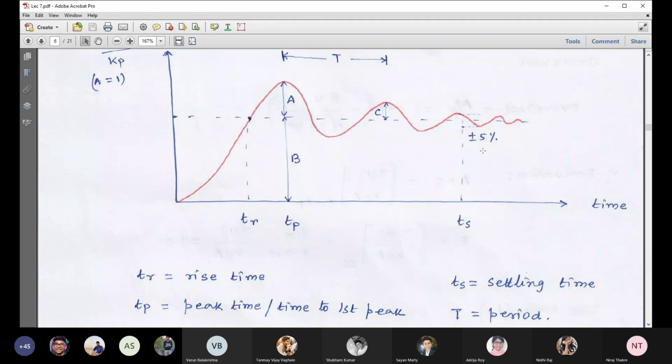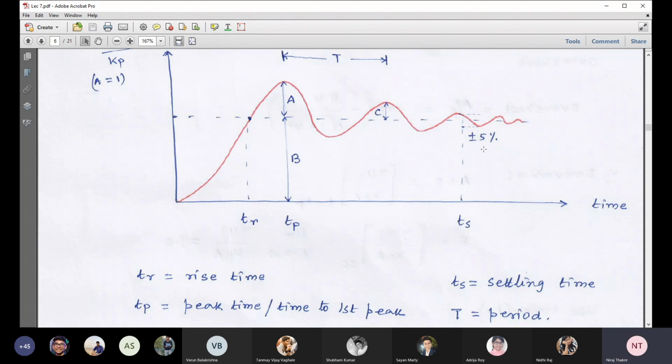The value of TP at time equal to capital T by 2. Yes, this is TP you are saying. Yeah, what's your roll number? 19CH10051. 10051, yes. So he is saying that TP, peak time, is capital T by 2.